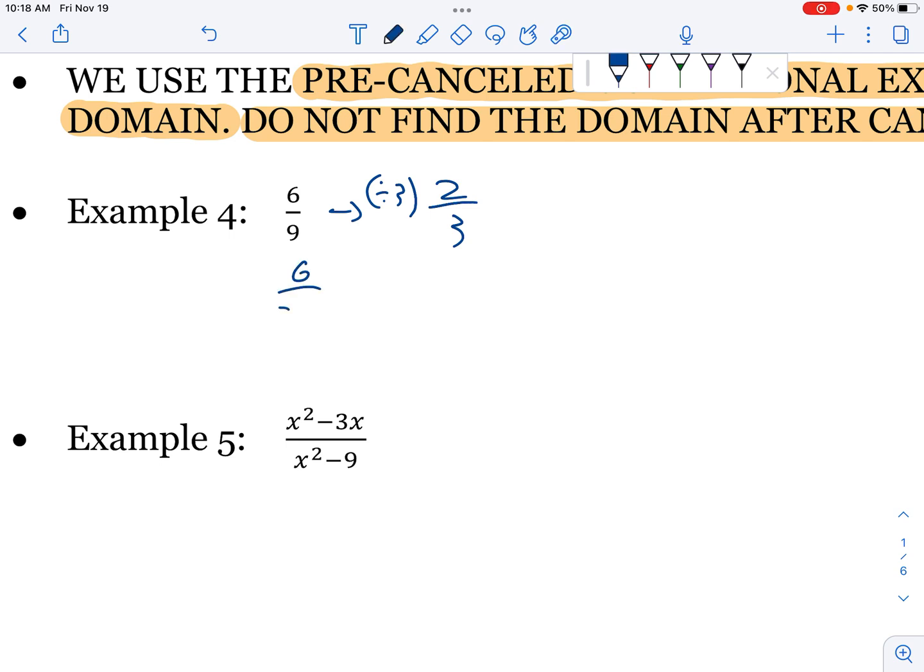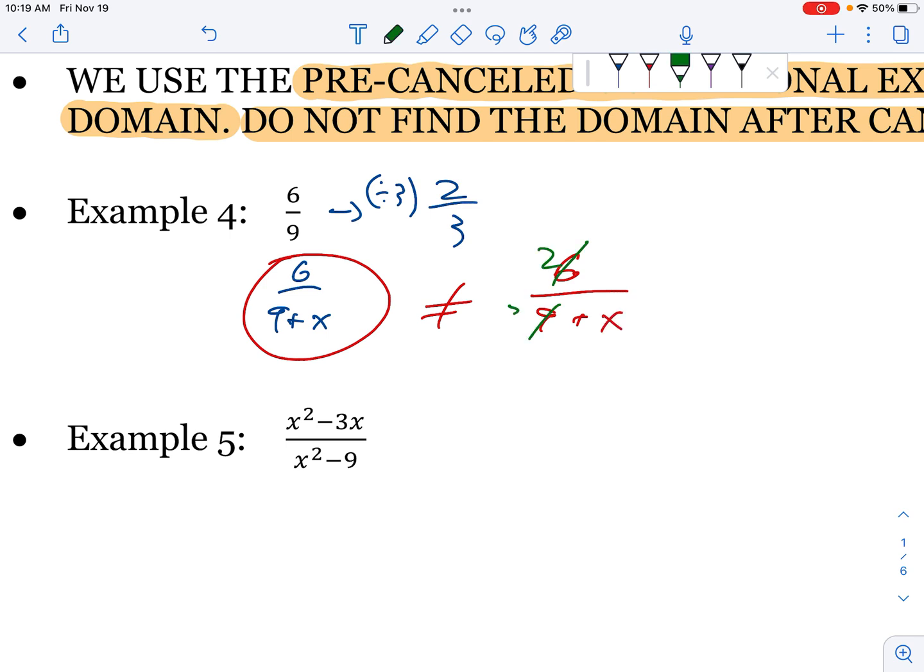If I had 6 over 9 plus x, that would be my final answer. I cannot cancel these out and say 2 over 3 plus x. Not true. I need it to be in every single term. We had a lot of this discussion, like the plus sign tends to mess things up. Here it is again. Okay?